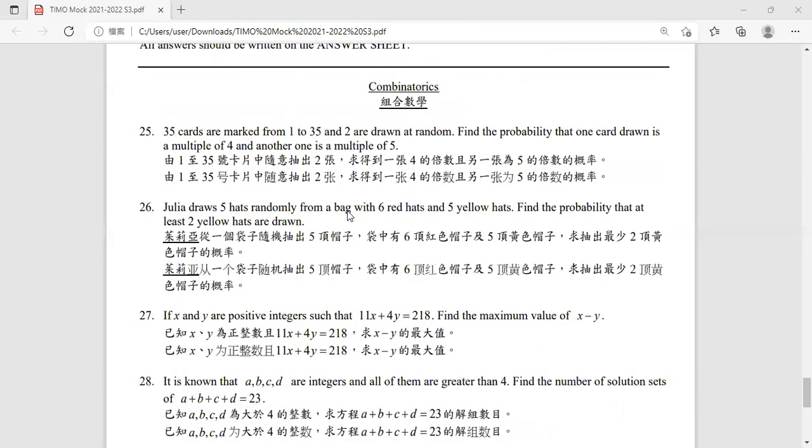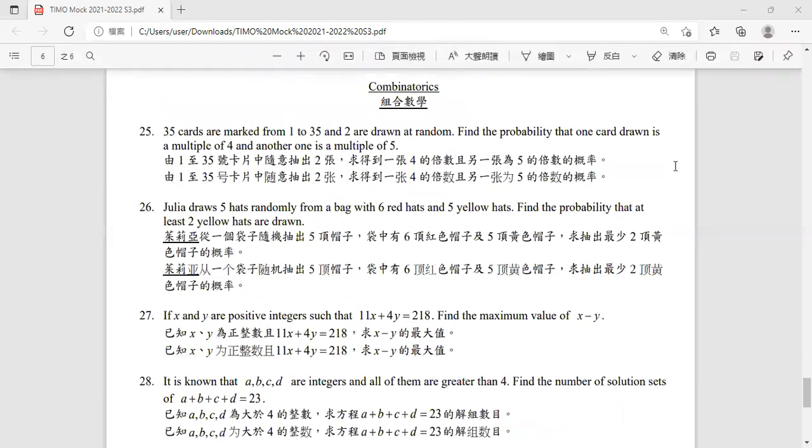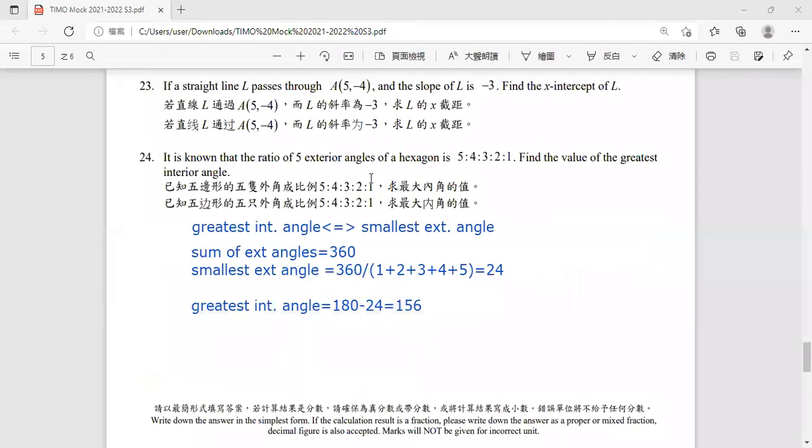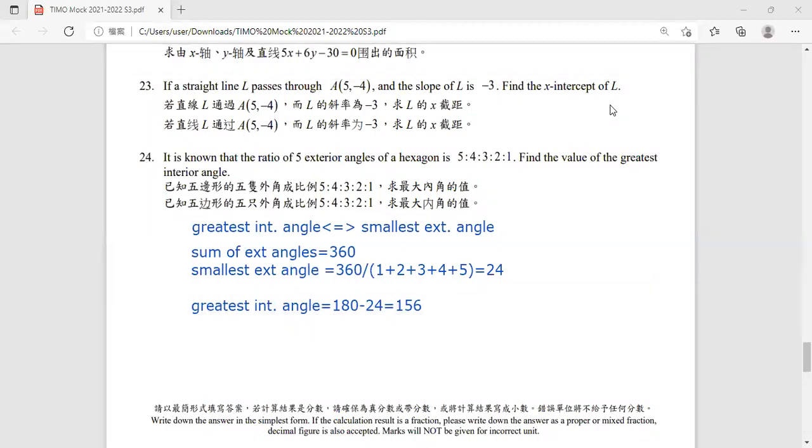Okay, 25. I think it's a pentagon because the Chinese version says pentagon. If it were a hexagon, we would have 6 angles, 6 faces on it.